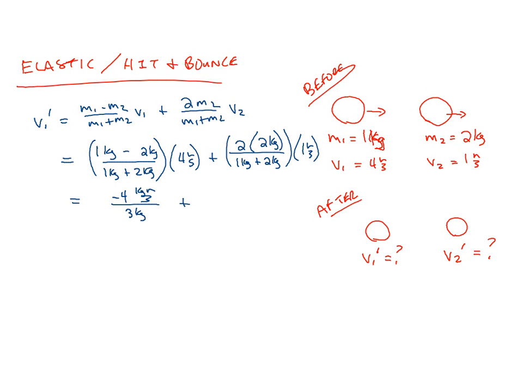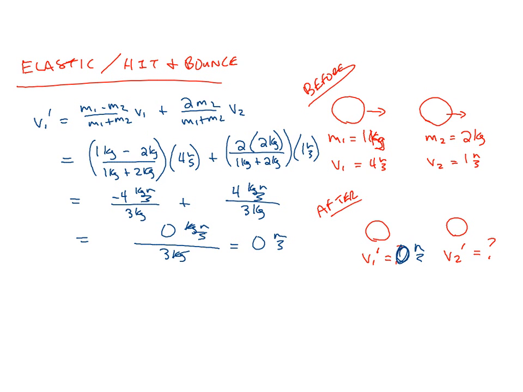In the second term, I've got 2 times 2 times 1 would be 4 kilogram meter per second, again over 3 kilograms. We always end up with a common denominator here, so nothing too scary. Negative 4 plus 4 is 0 kilogram meter per second, and the kilograms cancel. 0 divided by 3 would be 0 meters per second.